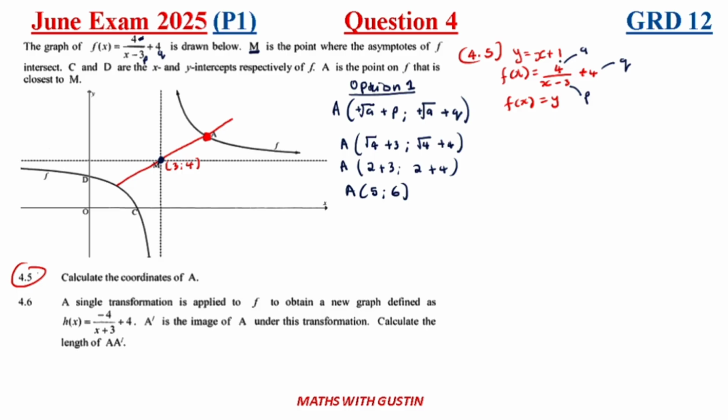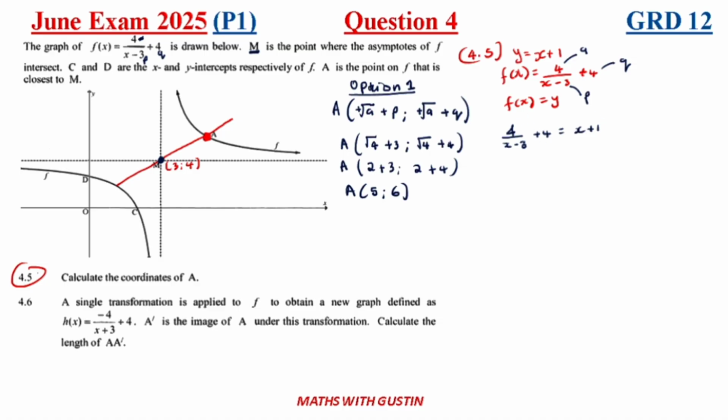So what I'm going to do in this case, I'm not going to do the whole thing. I'm just going to show you that you can get that the x value will be equal to 5, right? So let's equate the two equations right here. Now f of x, okay, we already did that. So it's going to be 4 all over x minus 3 plus 4 is equal to x plus 1, right? Great stuff.